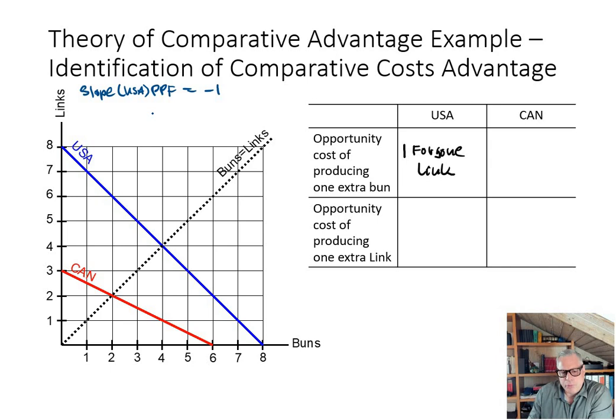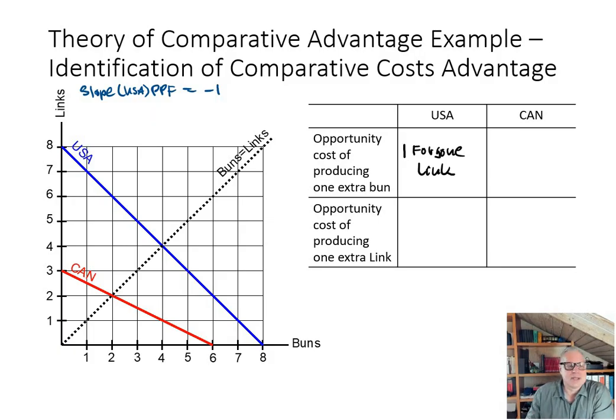So the slope of the PPF immediately tells you the marginal opportunity cost of producing whatever you display on the x-axis. So the -1 tells you that the marginal opportunity cost of producing an extra unit of bun for the United States is negative or 1 foregone link.